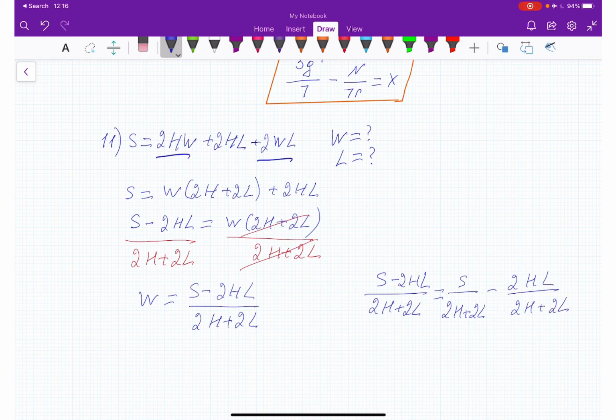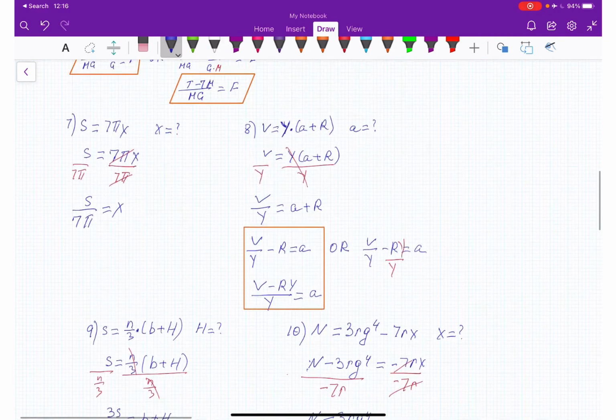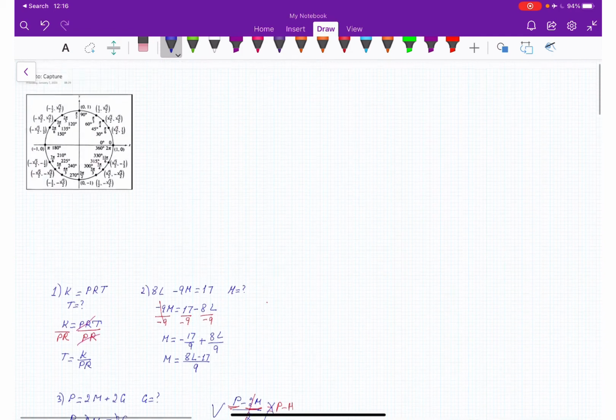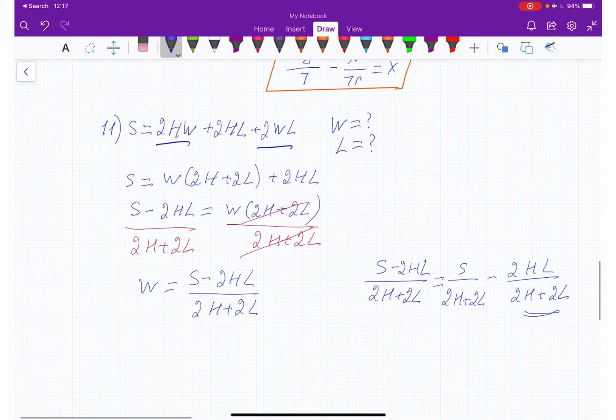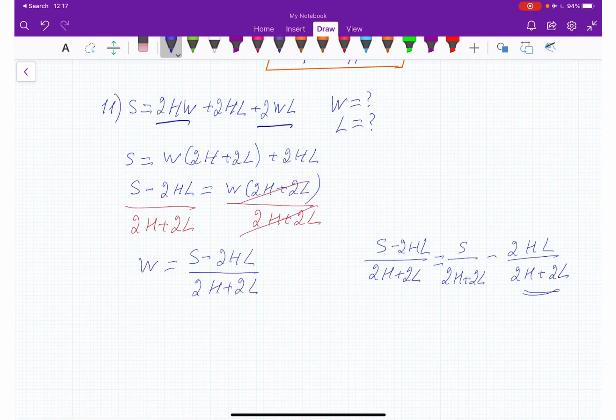Now you tell me, can I cancel these H's? No, because I have here another term attached to it, right? So, here it is, I explained to you. Okay, that's fine. So you cannot cancel any variable or any term unless that term is attached to another term by addition or subtraction.